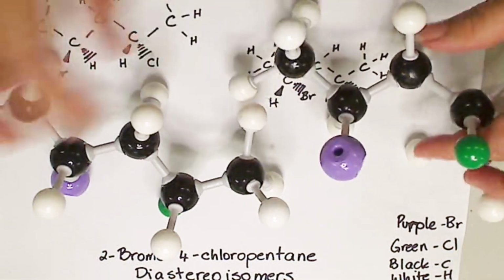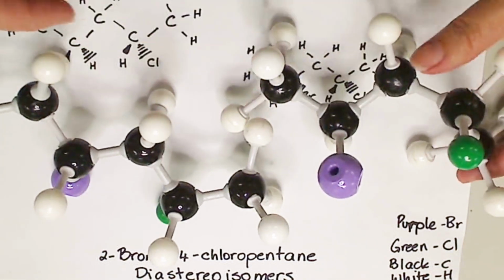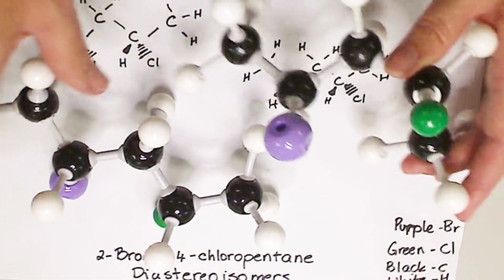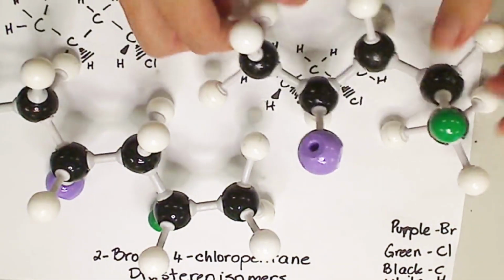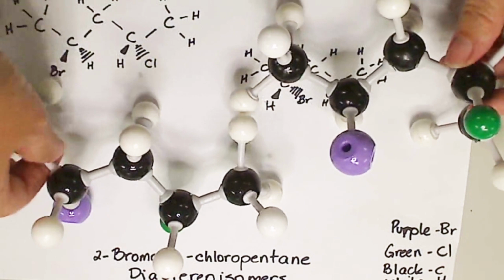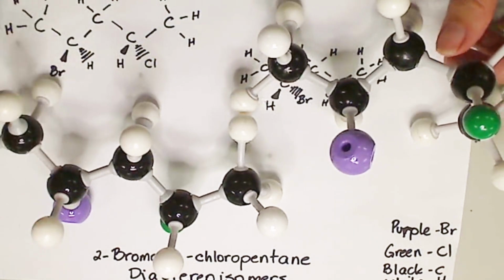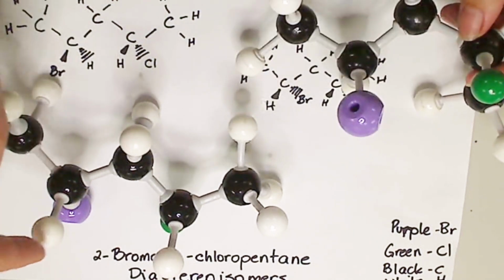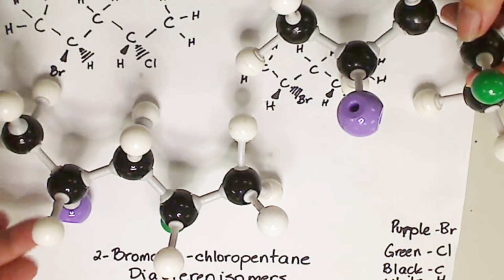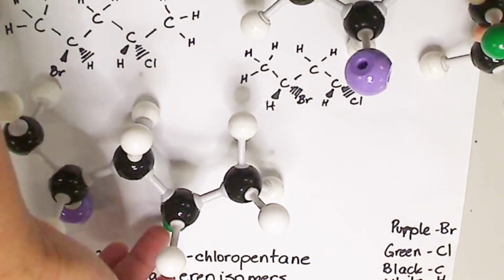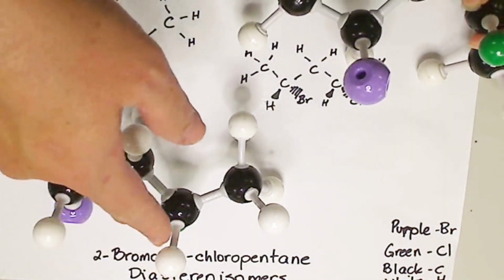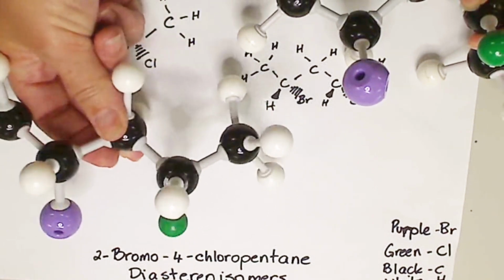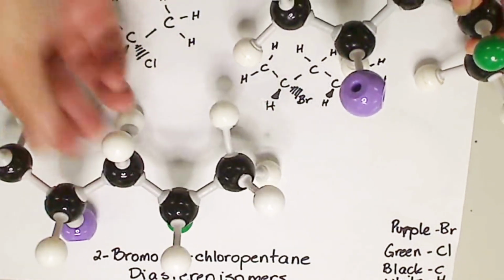So are these the same molecule like we had before, or are they different? So in this one, I've got the hydrogen coming towards me and the bromine going behind. The chlorine is going behind and the hydrogen is going forward. So I tip that slightly so you can see.